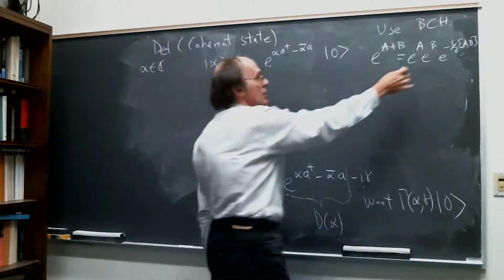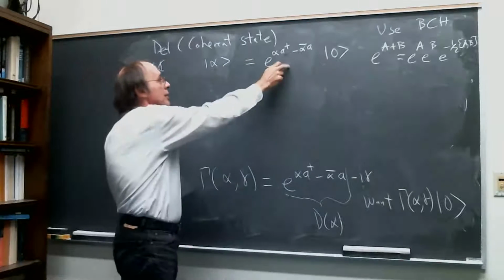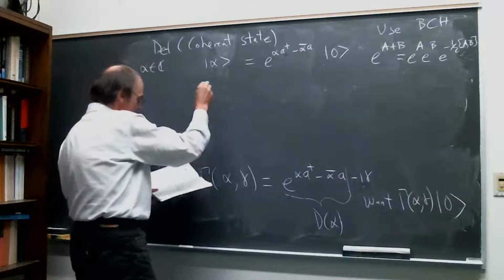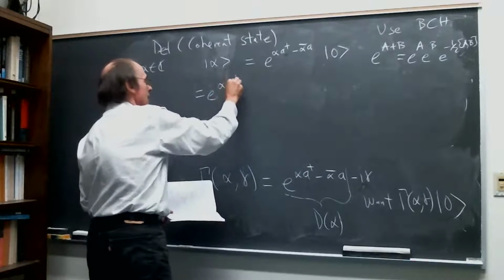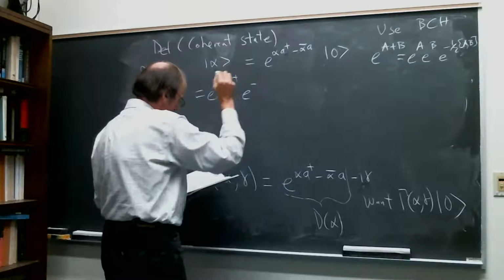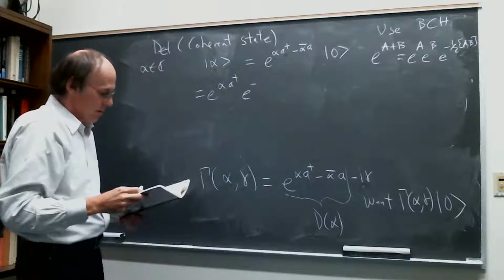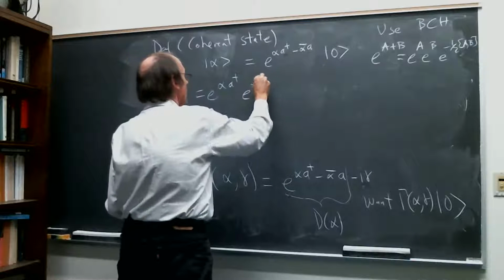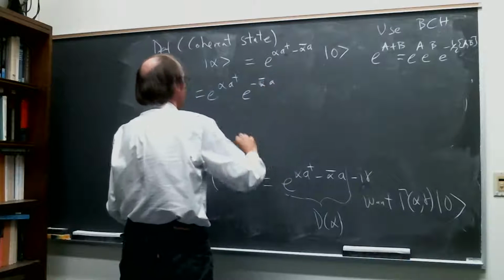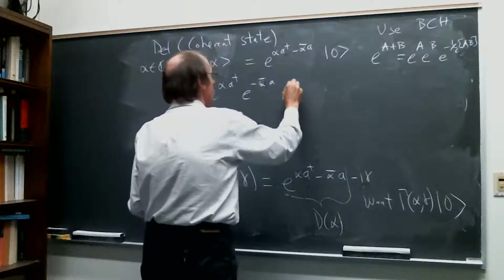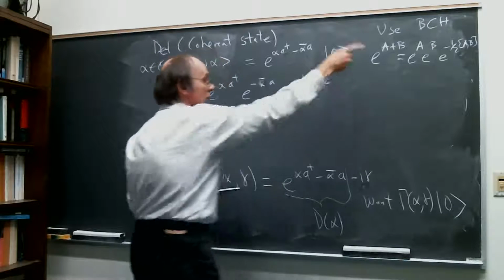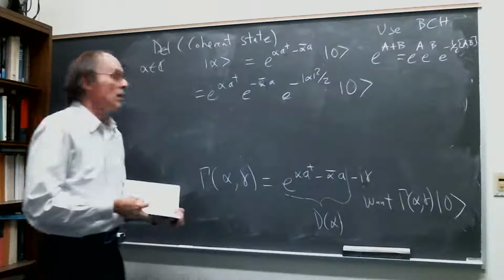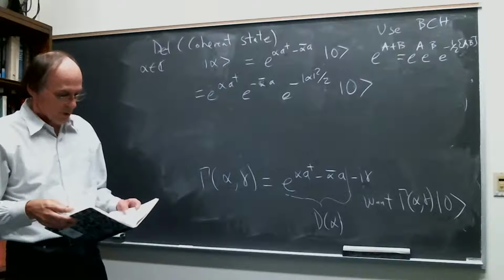We're going to use this relation continually to calculate this thing. Here you get e to the alpha a dagger, e to the minus alpha bar a, and then e to the minus alpha squared over 2 from the commutator, acting on the state 0.